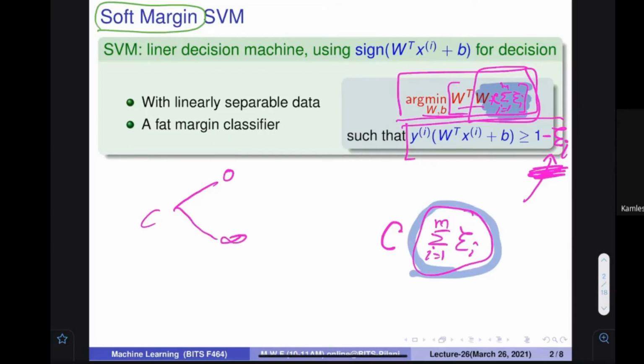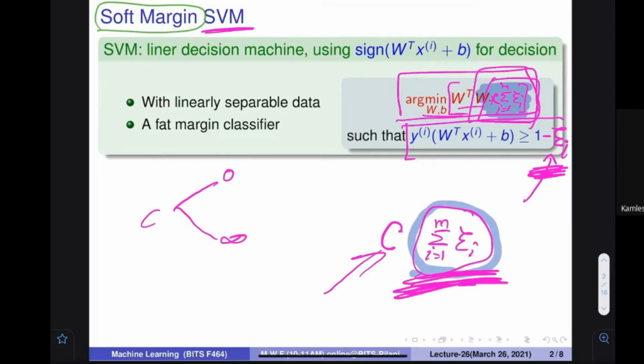If any value comes into this particular thing, because of this infinite, it blows up. So I don't want any point to be misclassified. It means that it is the hard margin SVM, the same thing that we were doing earlier, where I don't want any point to be misclassified.